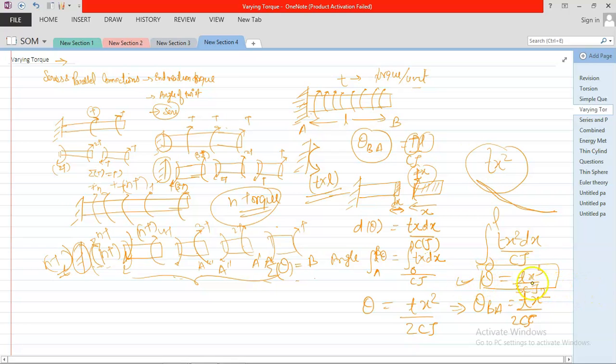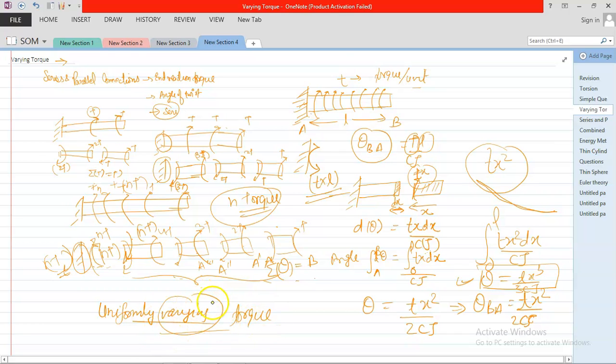So you can also put the integration of Tx square dx upon CJ, varying from 0 to L. Then it will be Tx cube by 3CJ. That is theta. So I hope it is clear what the meaning of varying load is. Any problem in this?